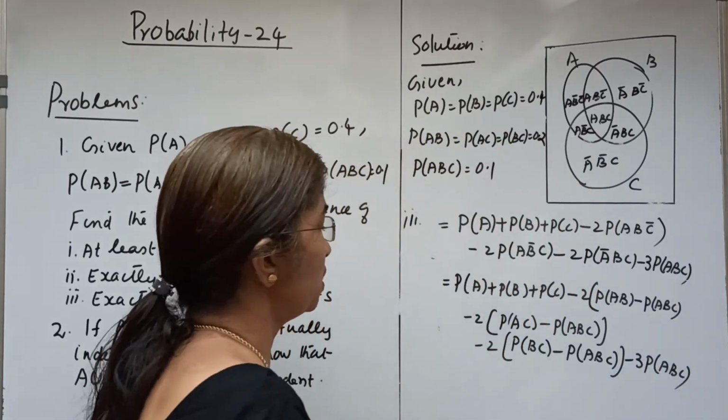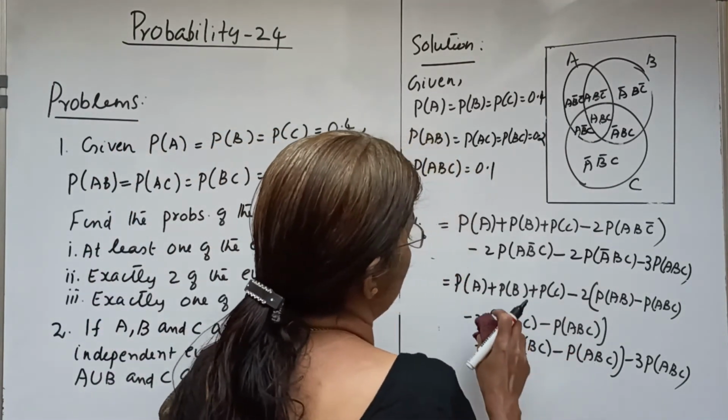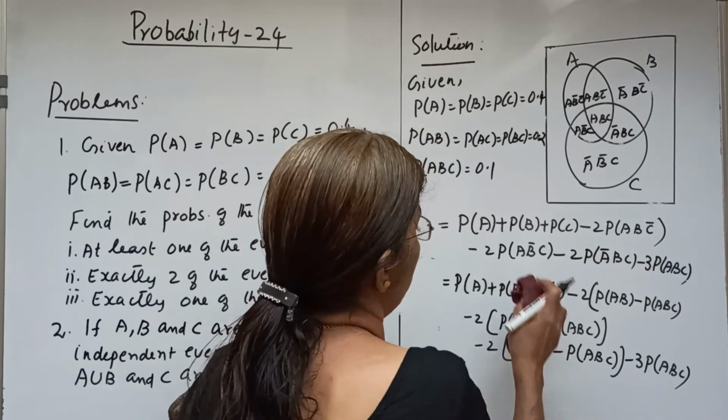Now one more simplification step is needed, so that this can be written as P of A plus P of B plus P of C.